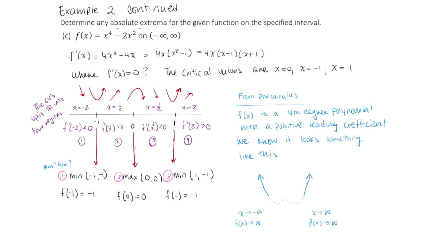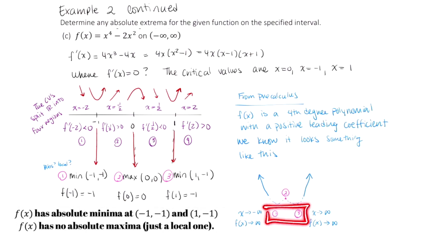Point 1 is going to be the furthest left minimum, since it's at negative 1. So that's going to be, say, here. Point 3 is the furthest right, since it has the largest x value, so that'll be here. And right here in the middle, I have the max. So just by looking at this, clearly 1 and 3 have to be absolute minimums.